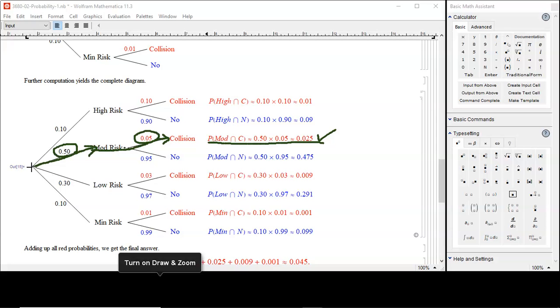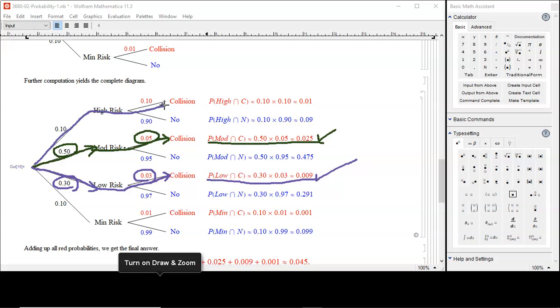This one instead is for low risk driver getting into collision. So I'm following this path. Each time I follow the path, I multiply. So in the end, that's what I get. And then of course I can do the same thing for the other drivers as well. And let's not worry too much about changing colors.